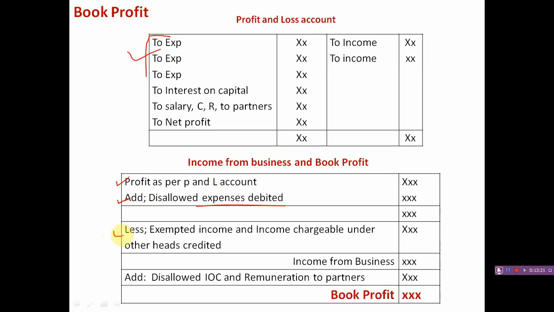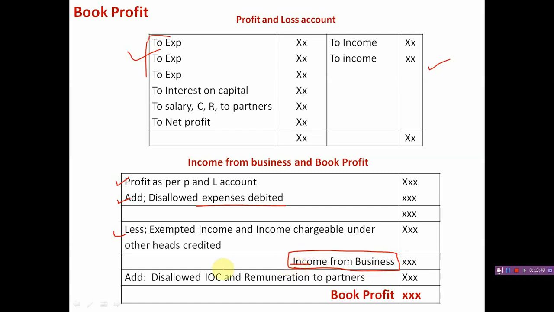Then the third step is to deduct the incomes which are exempted and the incomes which are chargeable under other heads credited to the profit and loss account. Then we will get the income from business. This is the procedure for calculation of income from business in case of all assessees.